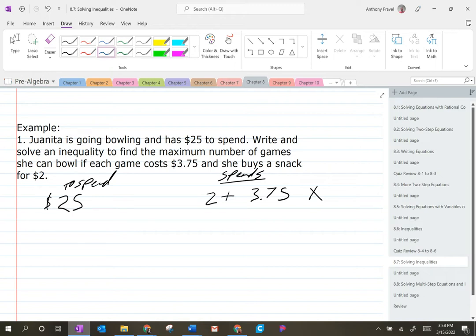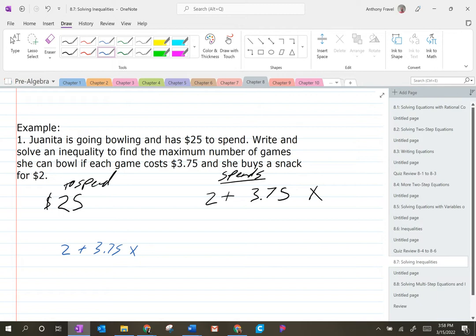So I'm going to rewrite this problem as 2 plus 3.75x. And now it says she can spend up to $25, meaning she can't spend more than $25.